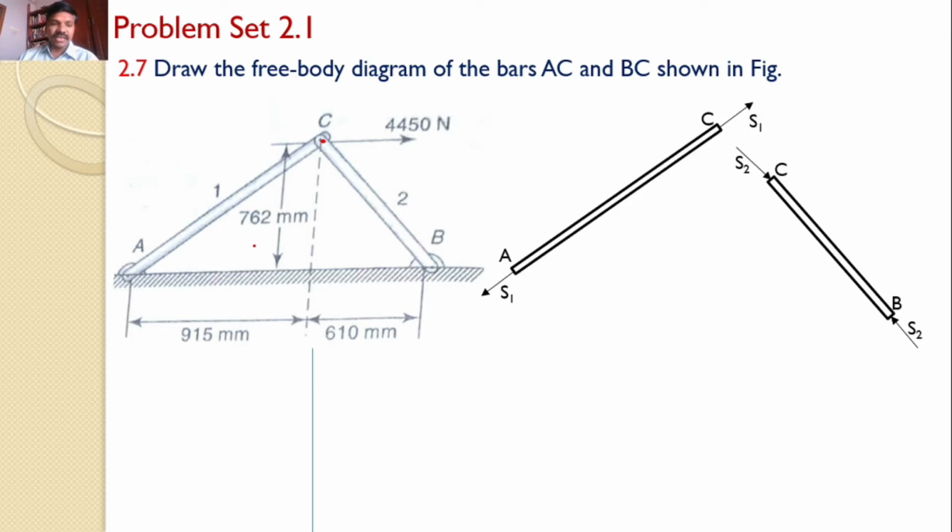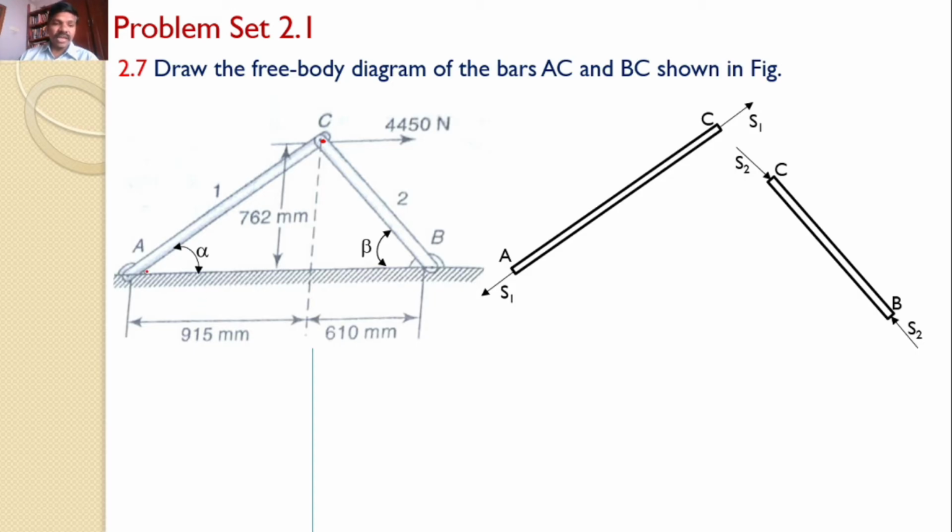First, let us calculate the angles made by the bars AC and CB. Let the angle made by bar AC with the horizontal be alpha and the angle made by CB with the horizontal be beta.